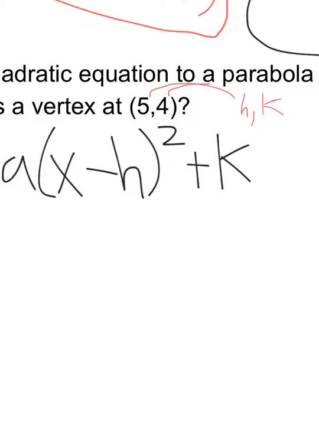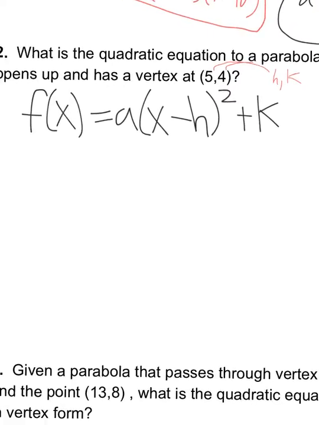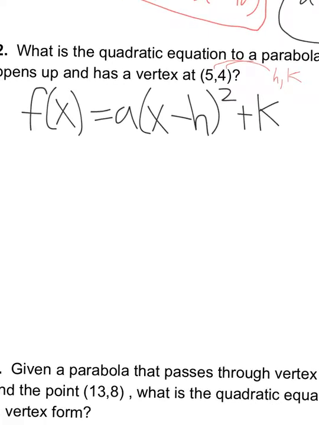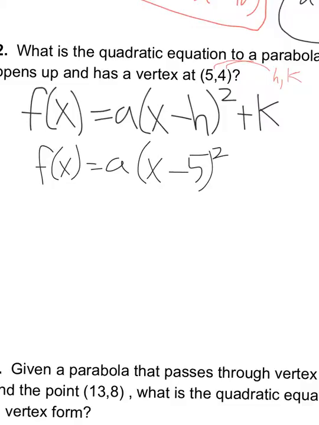All right, so plug in 5 and 4, and so we have f of x equals a times (x minus 5) squared plus 4.